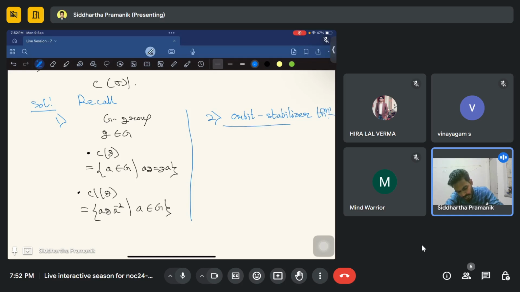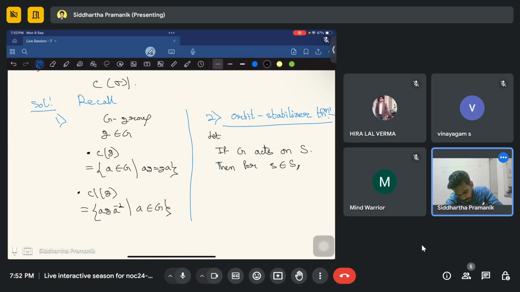What does it say? We need G to be finite.